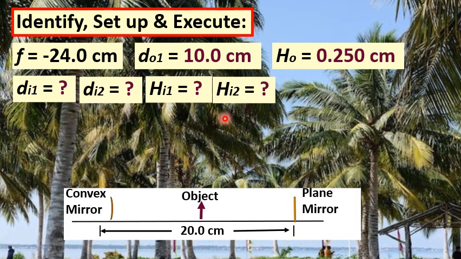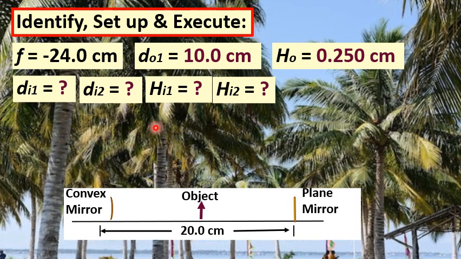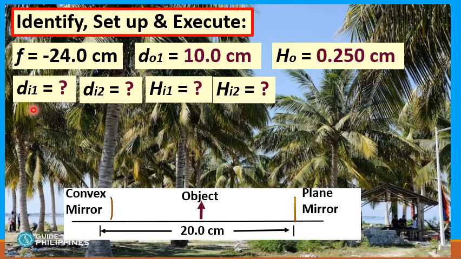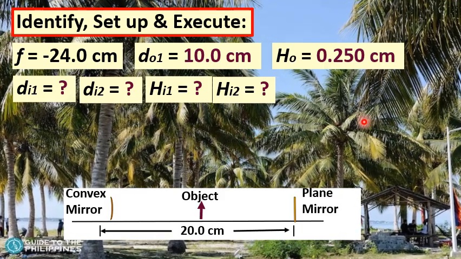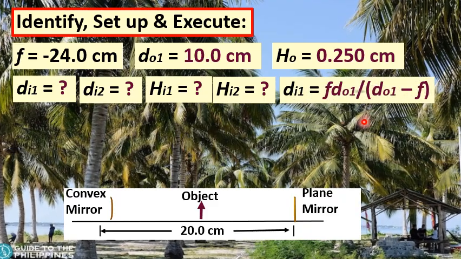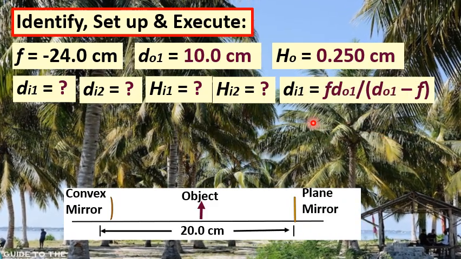And to be able to compute the value of d sub I1, we are going to use the derived formula for the mirror equation.